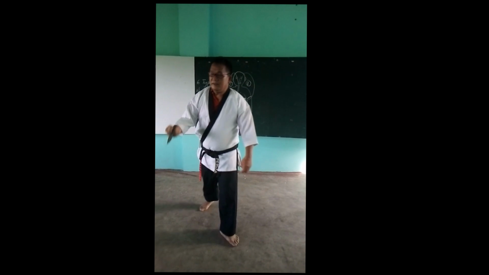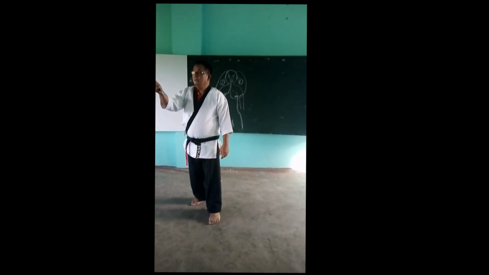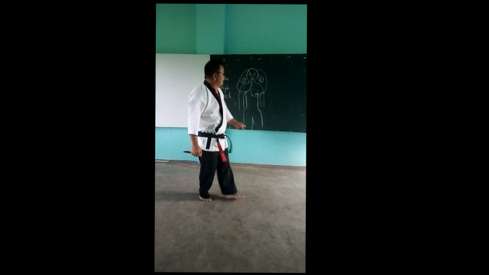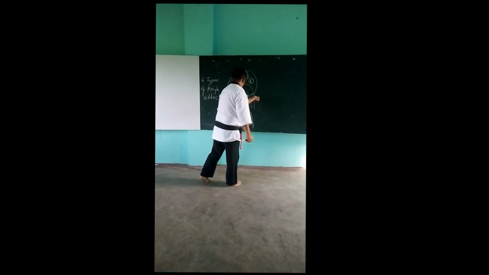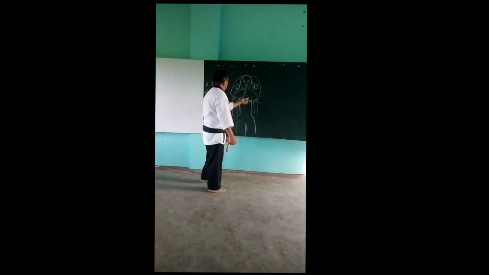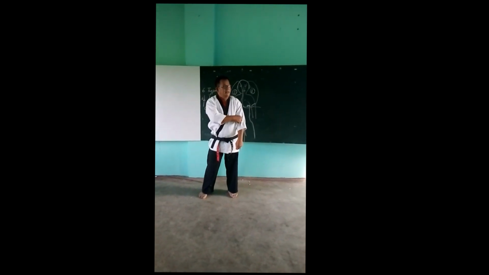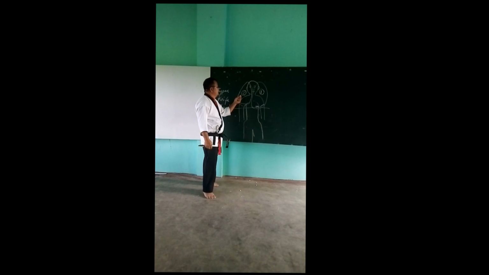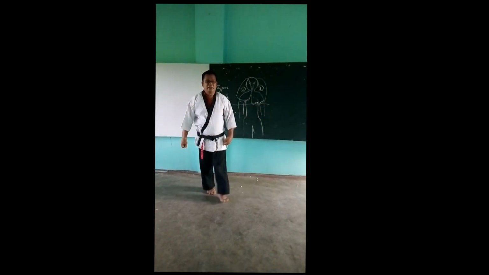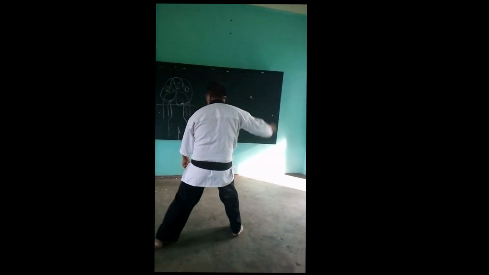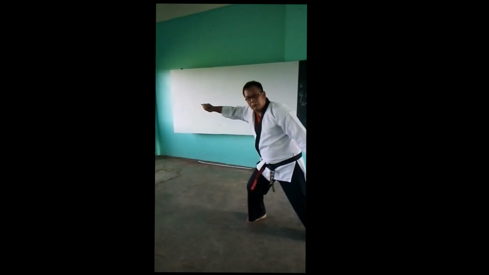So most probably, he attacks you in the upper part of your body. This is number one, the left side of the body, and number two, the right side of the body. 1, 2, 1, 2, 1, 2.